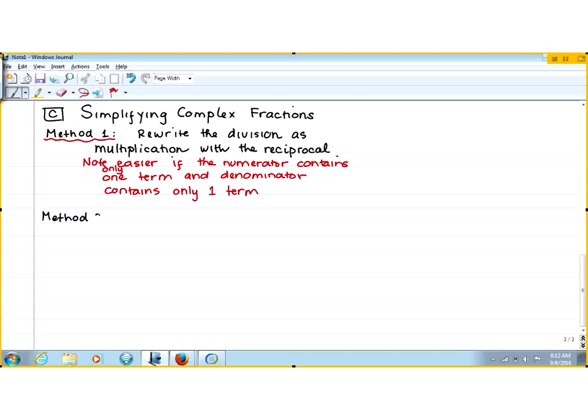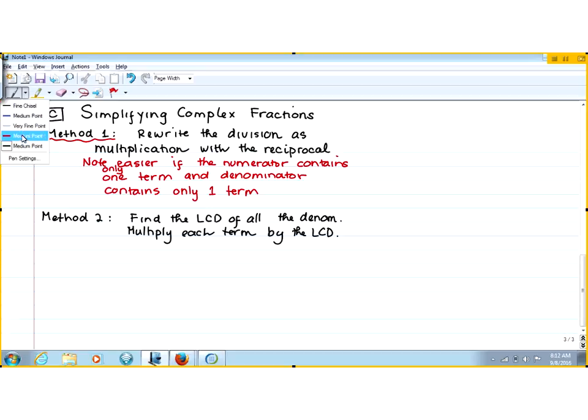So method 2. Find the LCD of all the denominators and then multiply each term by the LCD. All right.